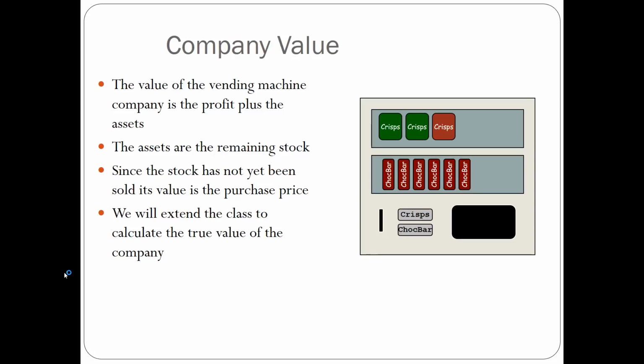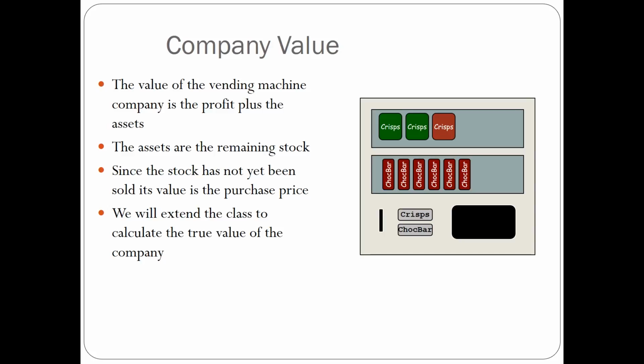Okay, so what we're going to do now is extend the program for vending machine a little bit, and we're going to include more functionality to deal with calculating the value of the company. When you work out the value of a company, it's the money that you've physically got hold of plus the company's assets. Now, assets tend to be anything that's generally tangible that can be sold off.